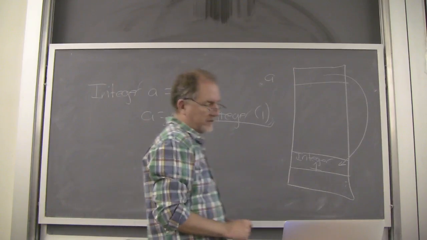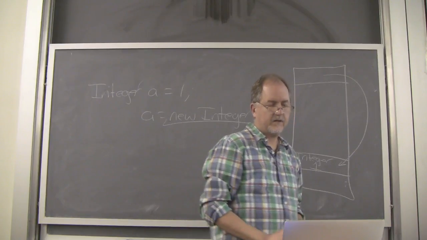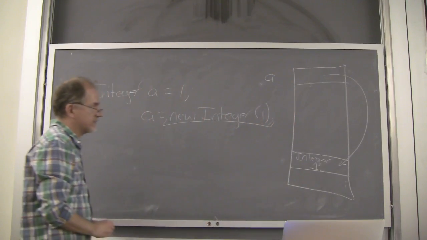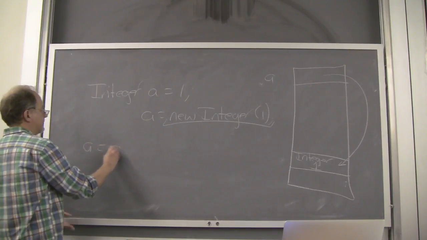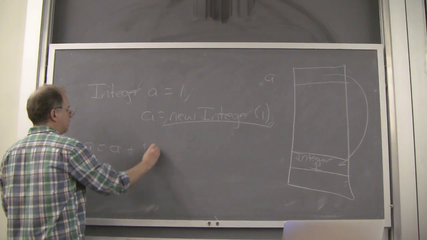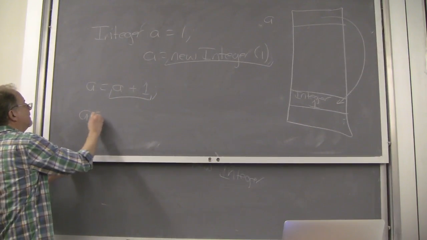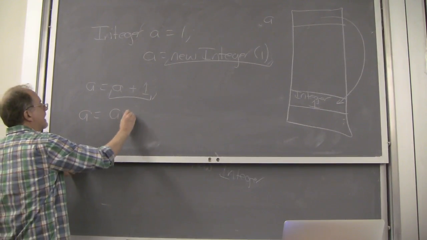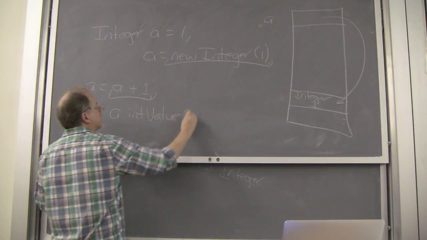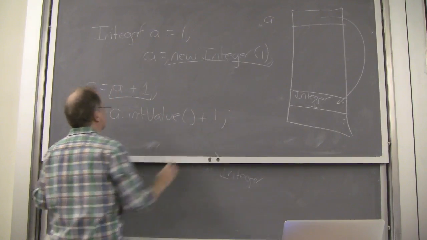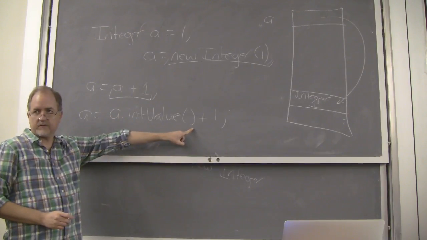Then I go down and evaluate this expression here. There's a lot going on here, right? What does it say? It says a equals a plus 1. How do we evaluate this expression? Well, a equals a dot int value plus 1. What does this evaluate to?